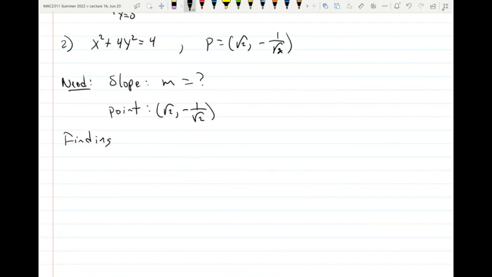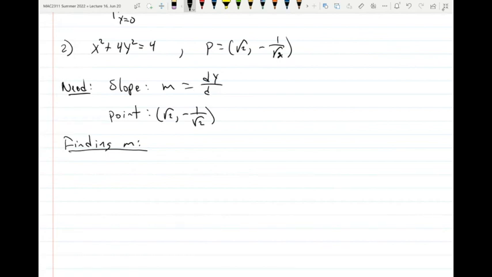So let's find the slope, finding m. How can we figure out m? That means find dy dx, whatever it is, and plug in the point, evaluating it at the point square root of 2, comma, negative 1 over square root of 2.